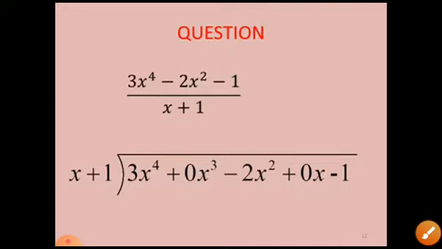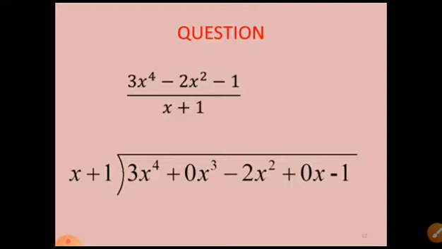Okay. Now, I'll be giving you one thing. What you do is pause this video and then try to divide this polynomial. If you have understood, check whether what you are going to get as a quotient and what you are going to get as a remainder.